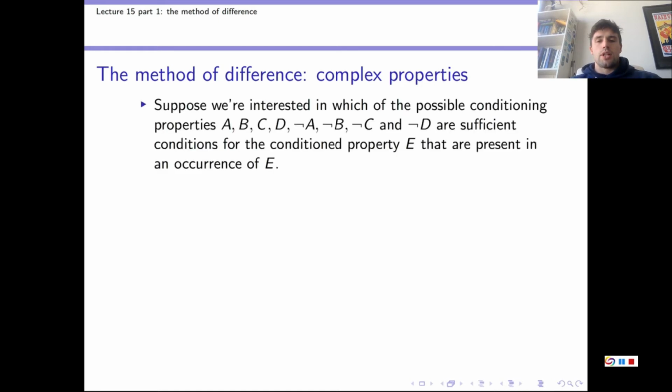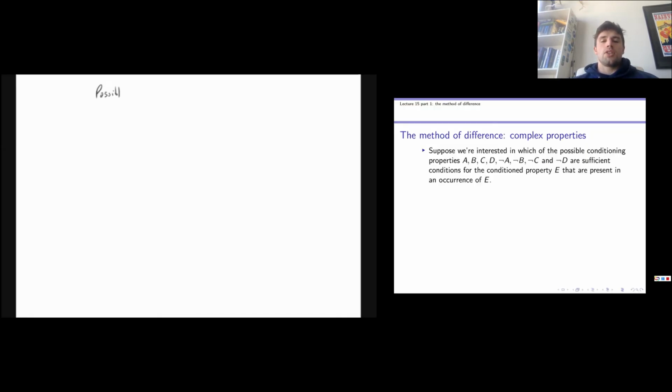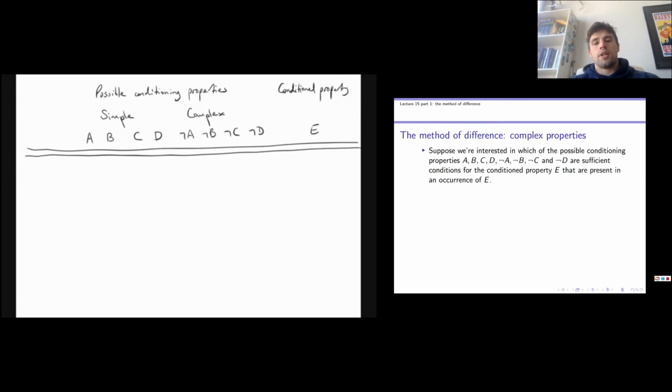Suppose our possible conditioning properties are the simple properties A, B, C, and D, along with the complex properties not A, not B, not C, and not D. And suppose we're interested in which of them are sufficient conditions for E that are present in a certain occurrence of E. So let's set up the table. Suppose we record occurrence 0 as follows.